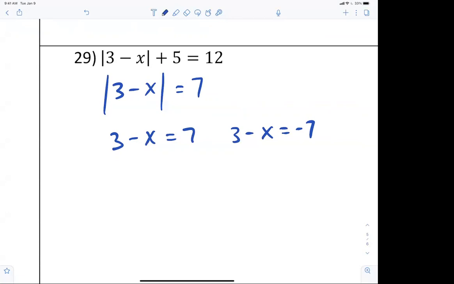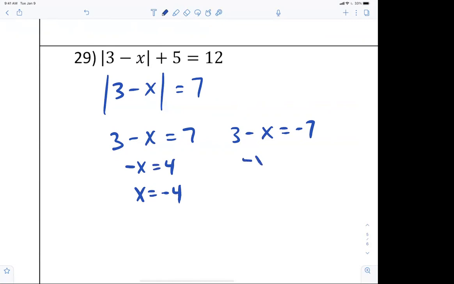Okay, 30 more seconds. Again, subtracting 3, -x equals 4. If the variable is negative, that just means change the sign. X equals -4.